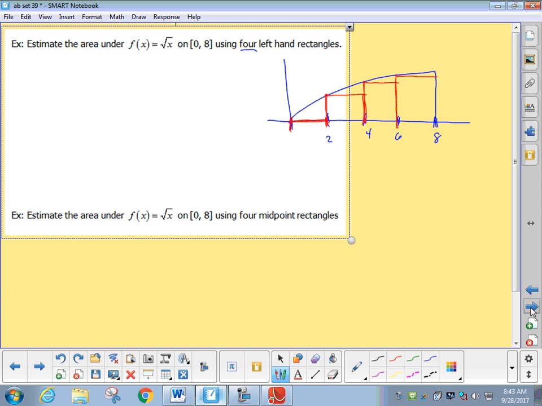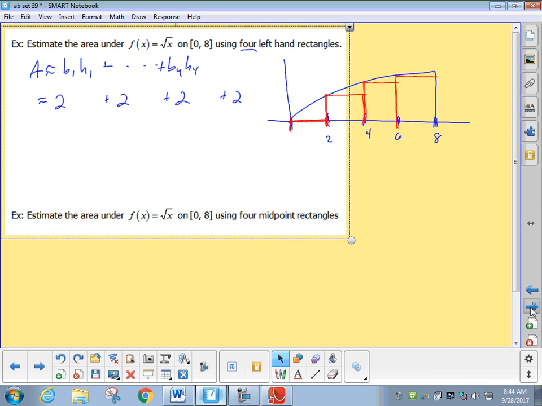Okay, now the analytical. Start with the formula. Area is approximated by 4 rectangles. What's the base of each rectangle? 2. You could, I suppose, start factoring that out now, but I definitely need to see the height.